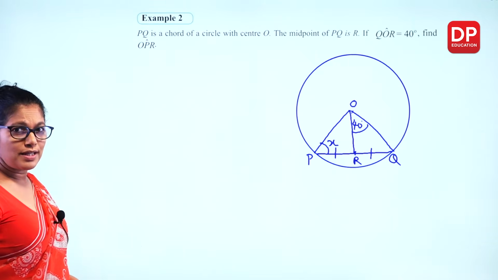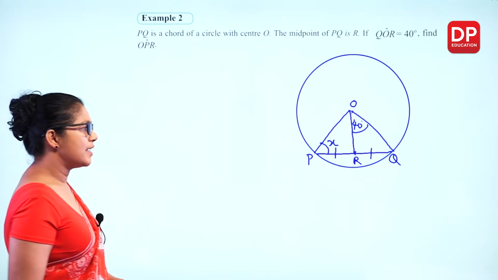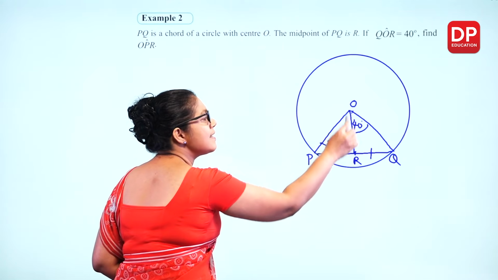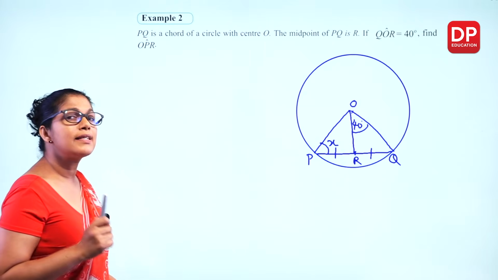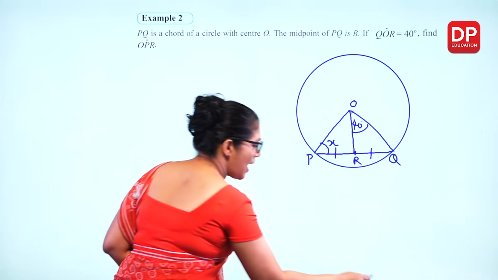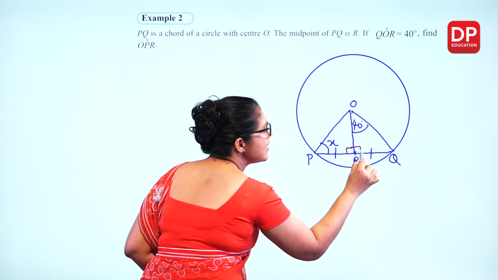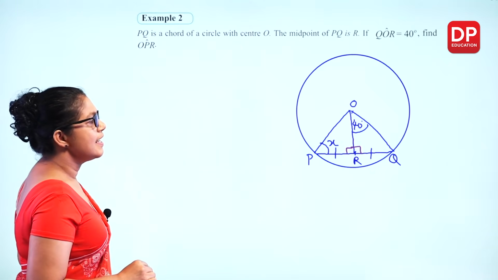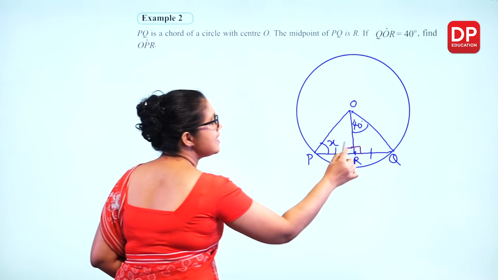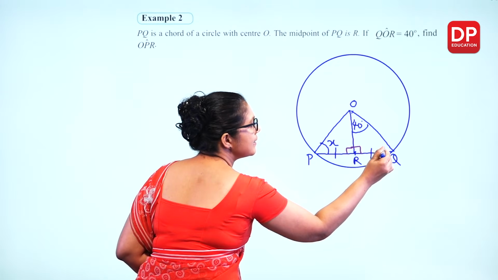How can we do this? This is also about a chord. This line is the line joining the center with the midpoint of the chord. So we know that this is perpendicular, so this is 90 degrees. If you know this is 90 degrees, how can we find out this angle?